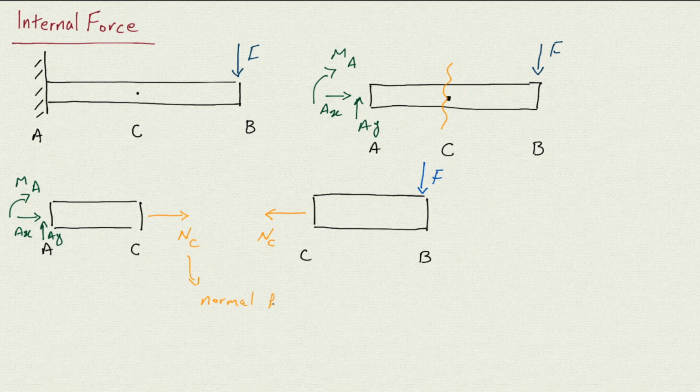In other words, it's normal to the cross section, or aligned with the member itself. It is either compression or tension. Here I drew it as a tension, but it can be either way, and we will know when we do the calculation.